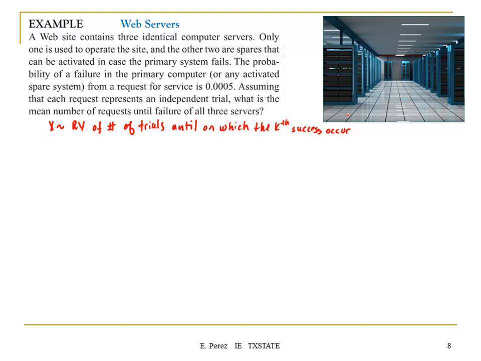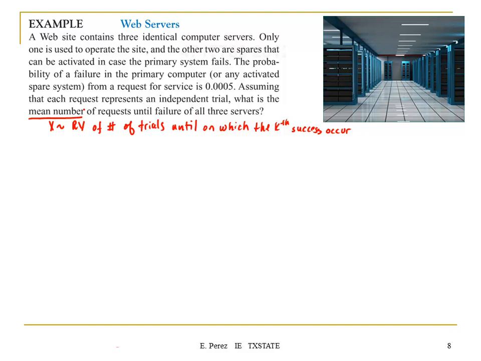But the question is asking for something different. The question is asking, what is the mean number of requests? There's a keyword there: the mean number. What are we looking at? Expected value.